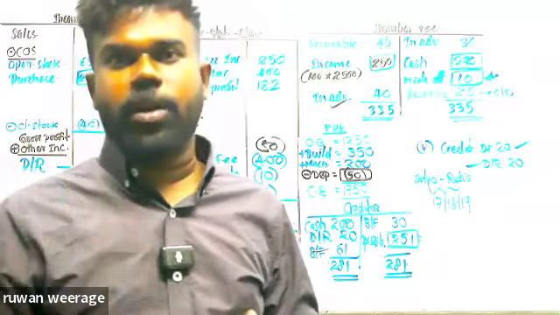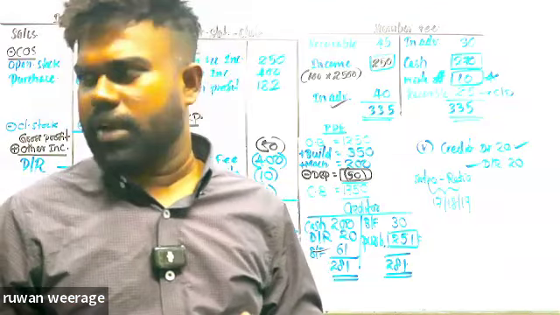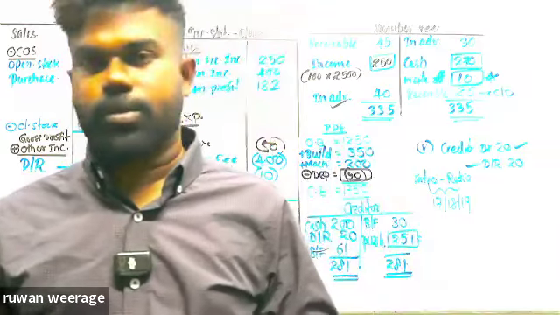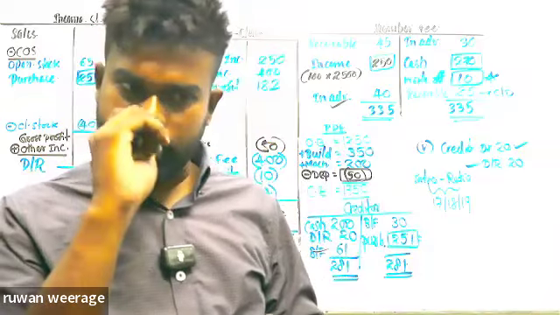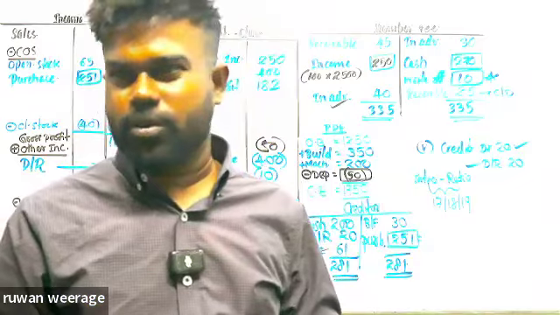You have to do around 35 MCQs from each year, 35, 35, 35, three years. There will be 105 MCQs.